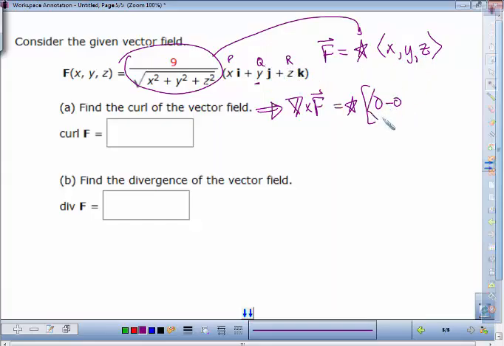So that's going to be 0. The partial of R with respect to x, that's just z, so this is 0 again, minus the partial of P with respect to z, this is 0 again. Looks like this is all going to be zeros.